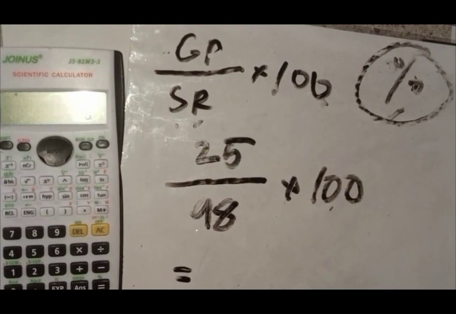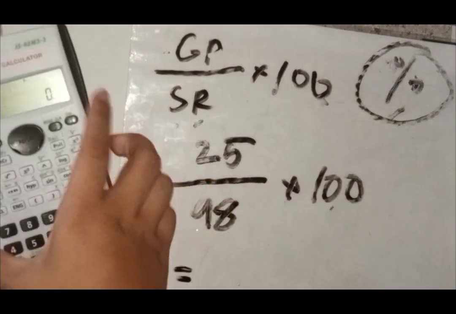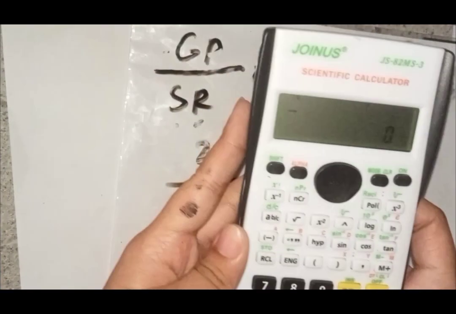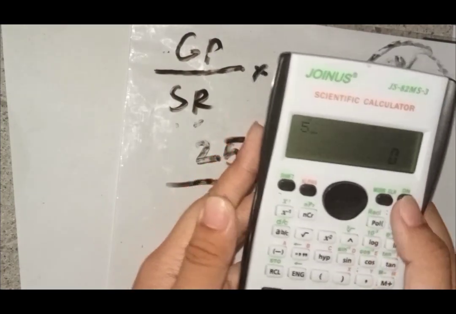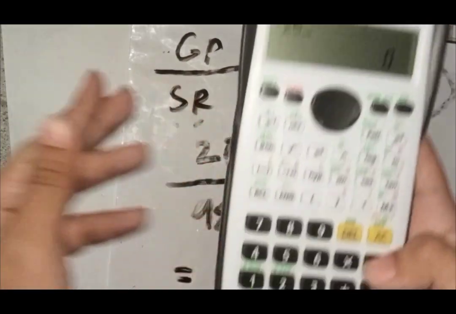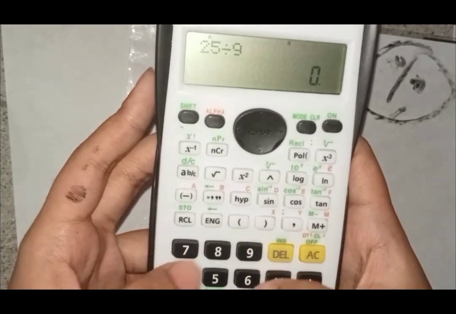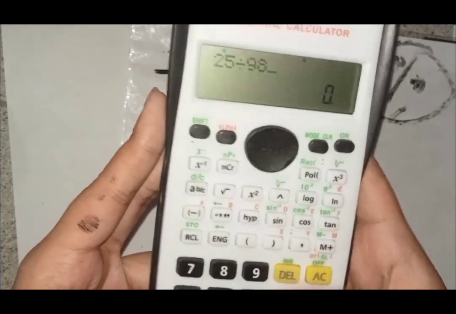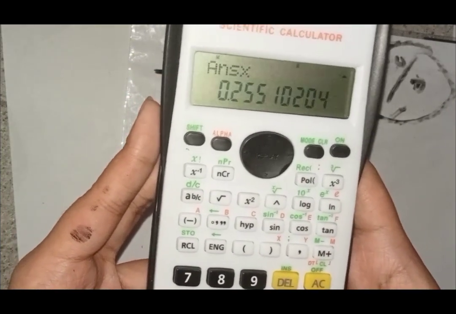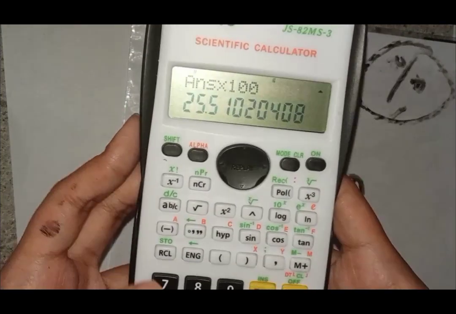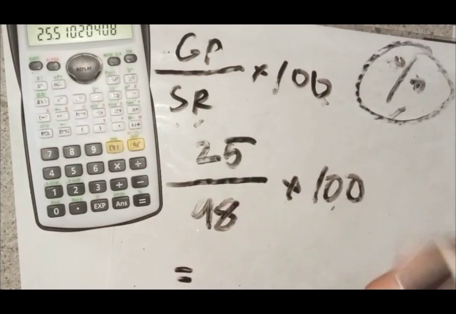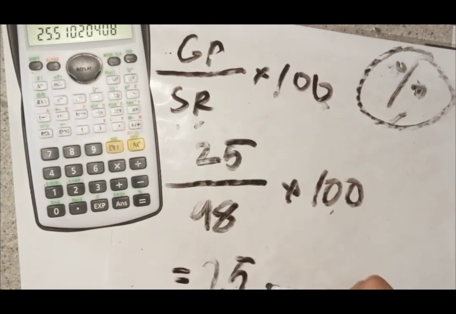Okay, so, let's compute it. 25 over 98 times 100 is equals to 25.51%.